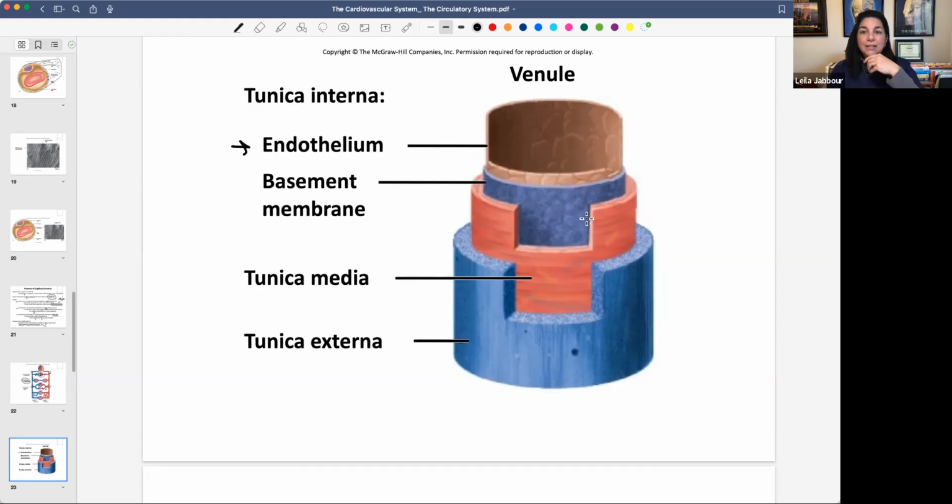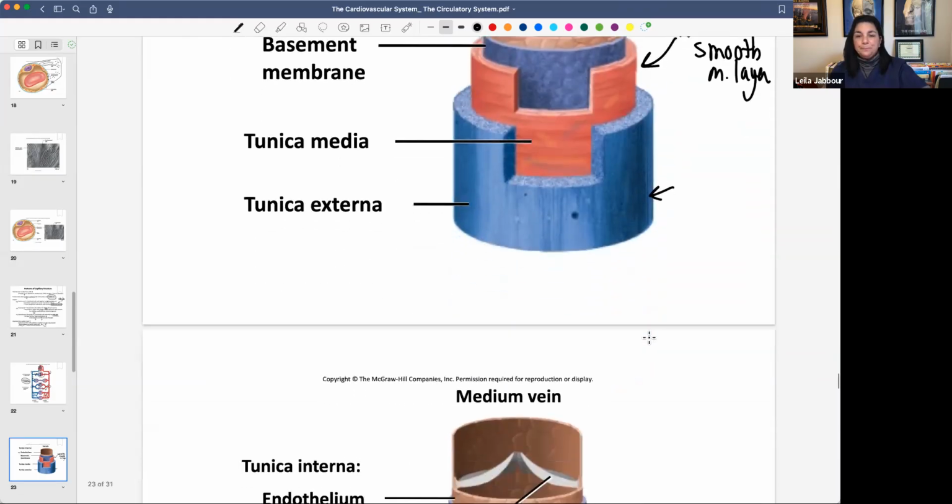Tunica media has a narrower smooth muscle layer, narrower than the arteriole. Remember, I mentioned that earlier. And then we still have a tunica externa.